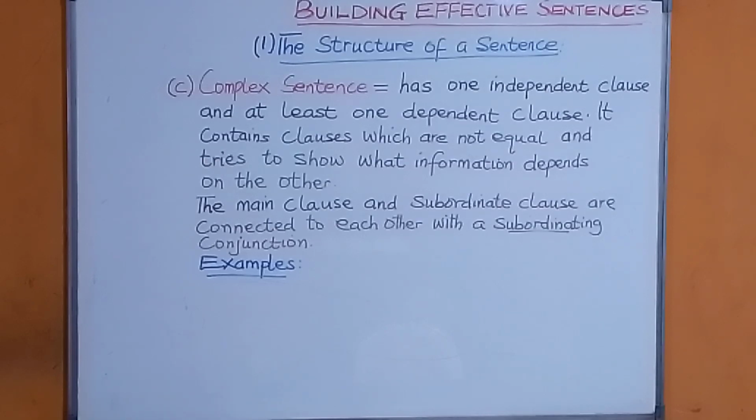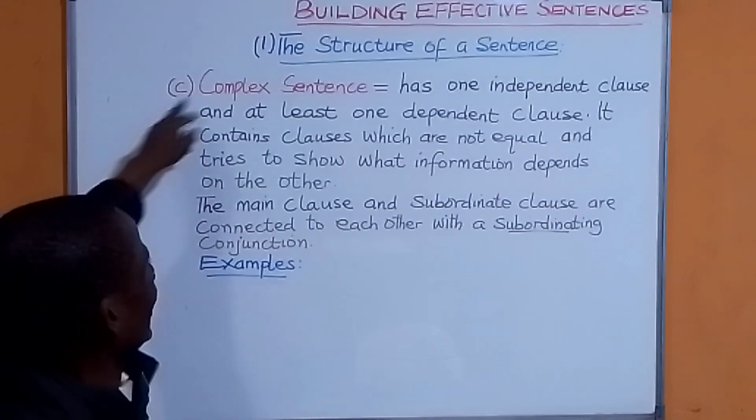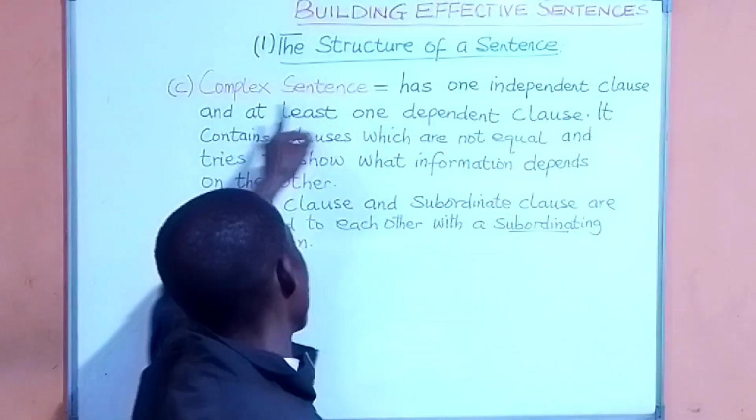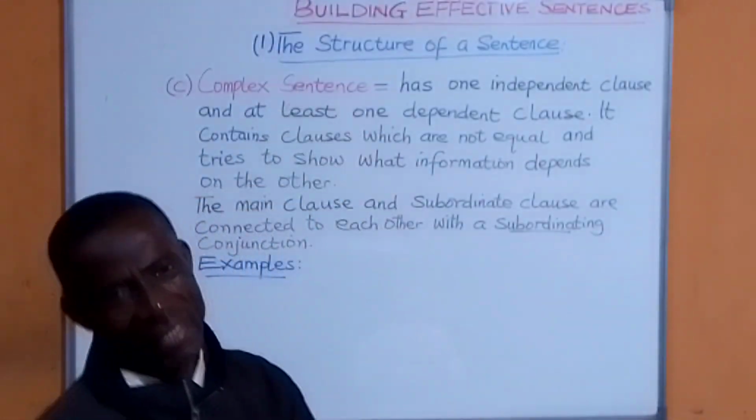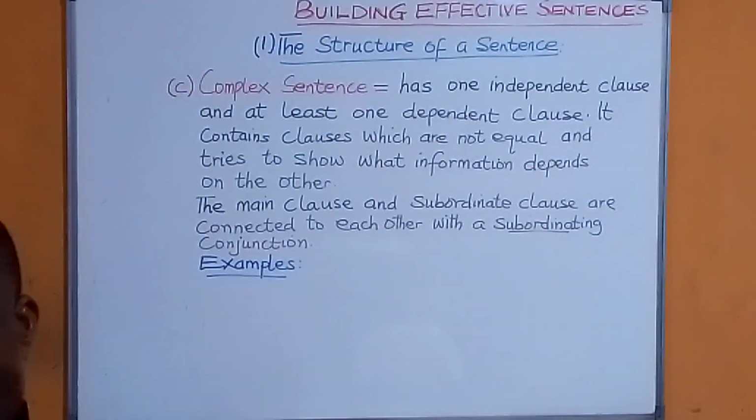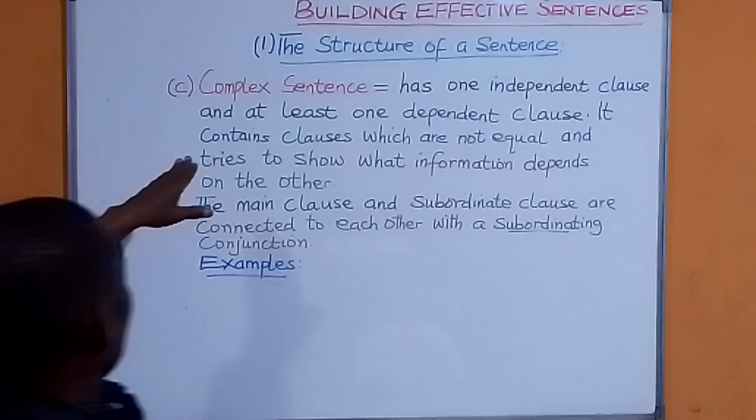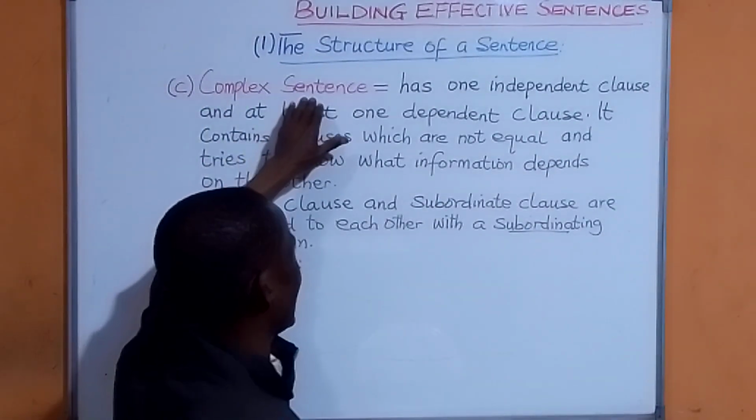Here we are going to look at number C, the structure of a sentence, how to build a complex sentence. We are going to look at how to build a complex sentence.